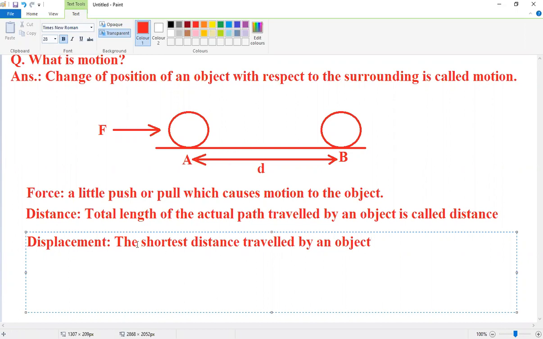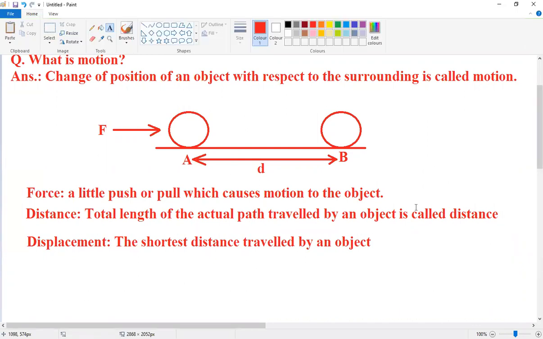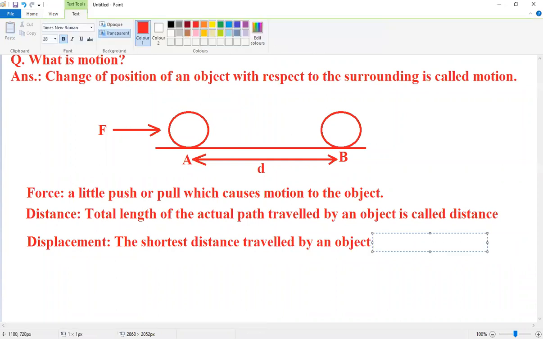Now through this diagram you will not understand the basic difference between distance and displacement. Let me elaborate it with another diagram. The shortest distance traveled by an object is called displacement.